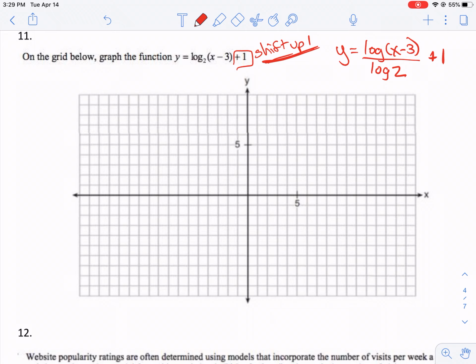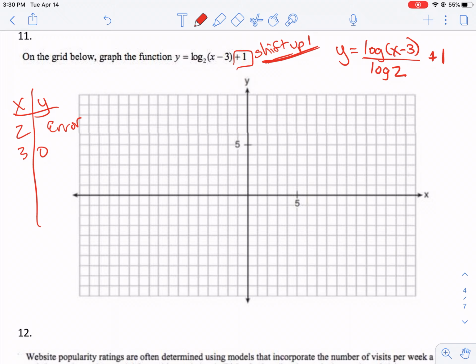Alright, so I'm going to go to my table, and the first place I see an error is 2. So 2 has an error. That means it's my asymptote. 3 is a 0. Yeah, I don't have any other nice numbers.